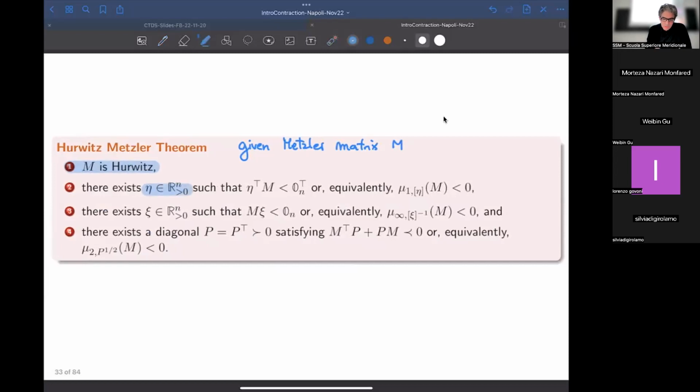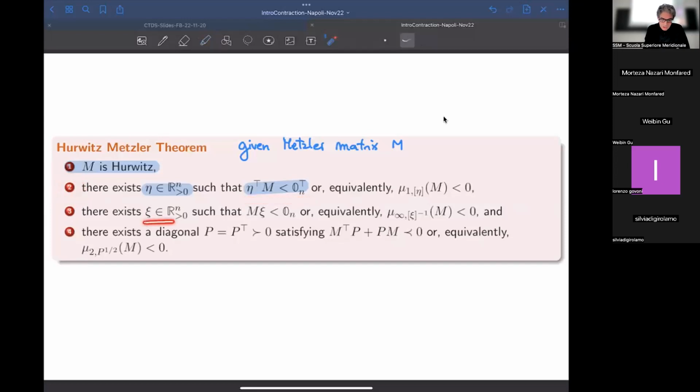There exists a vector of positive values eta such that eta transpose M is strictly negative. So when you take a column vector eta, you take the transpose, you get a row vector, you multiply the matrix on the left by the row vector, you get column sums. These are weighted column sums, and the weights are eta. So statement number 2 says there exists a collection of weights such that all of the weighted column sums are strictly negative.